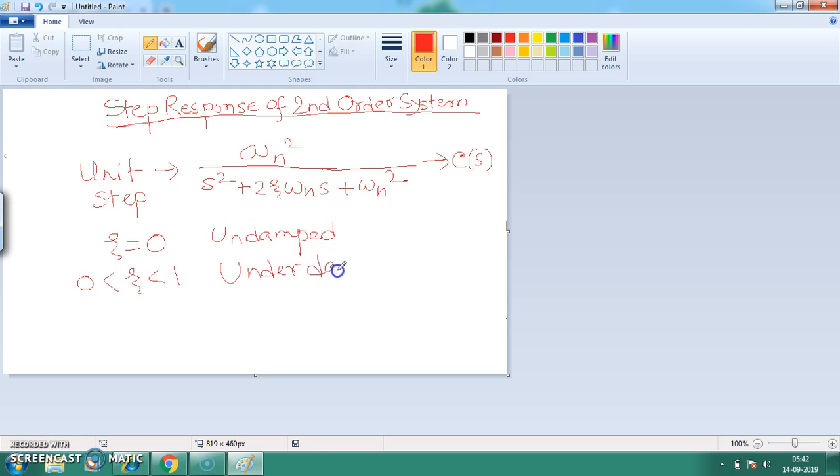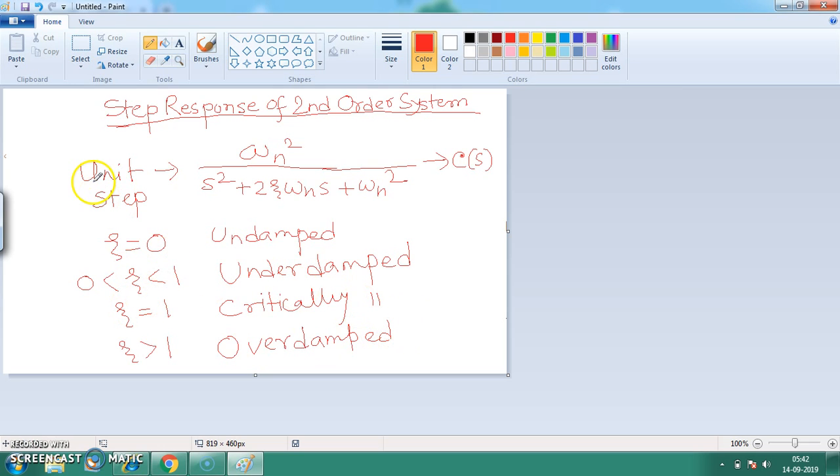underdamped response. Next, if the value of zeta is equal to 1, we will get critically damped response. And if the value of zeta is greater than 1, we will get overdamped response.